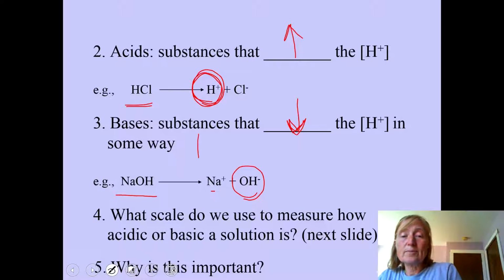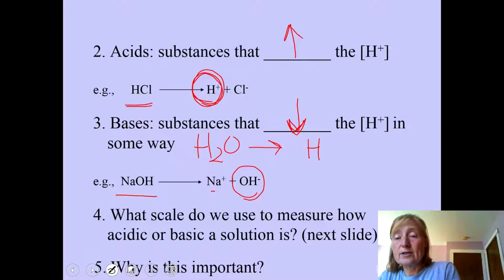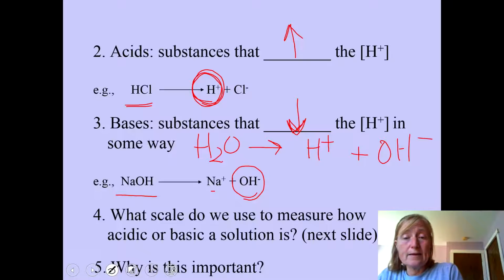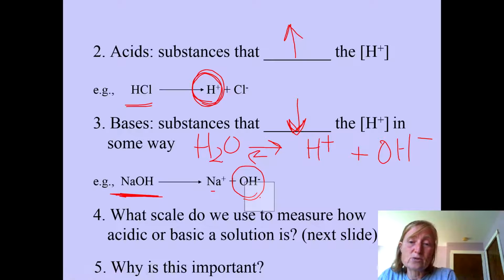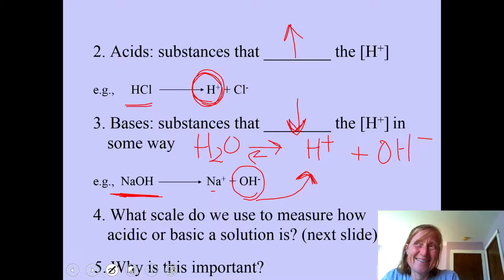Well, remember, when we think about water, we have to remember that some molecules of water have fallen apart, right? It goes the other way. When sodium hydroxide is put into a solution of pure water, these hydroxide ions react with protons, removing or decreasing the concentration of protons in solution. So that's what bases do.